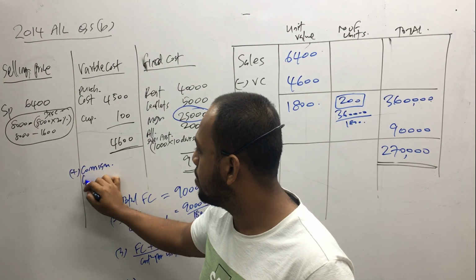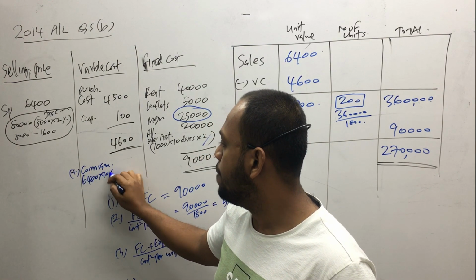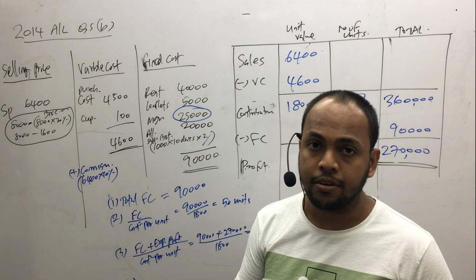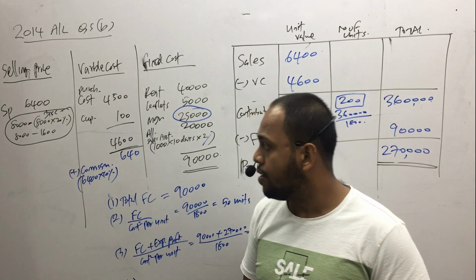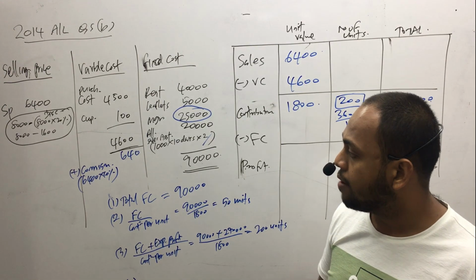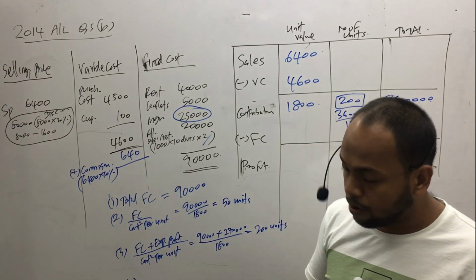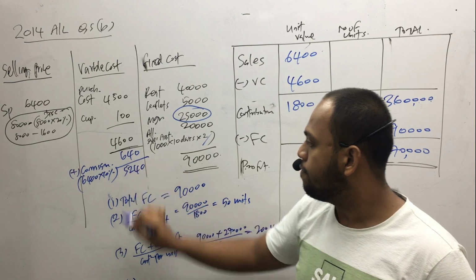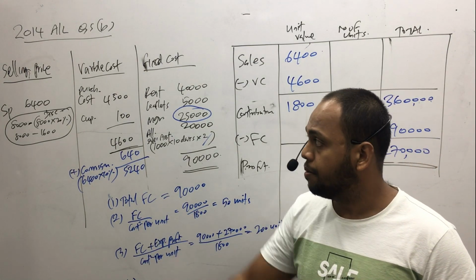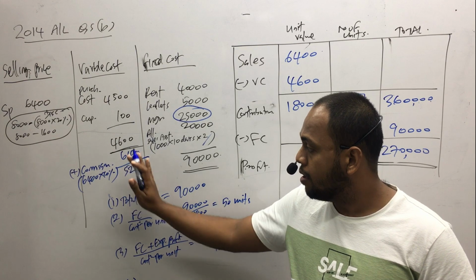How much is the commission? Now the selling price is 6,400. We will pay 10% commission, which is 640. We will have to pay another 640 as the commission. So the total variable cost will become 5,240. Selling price will be same.